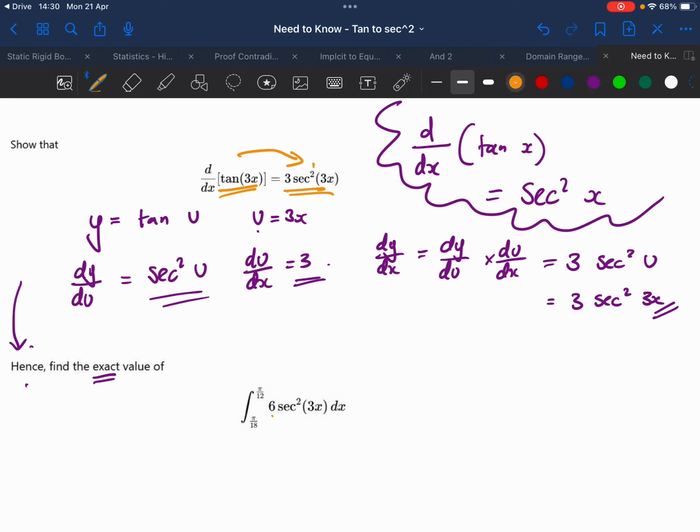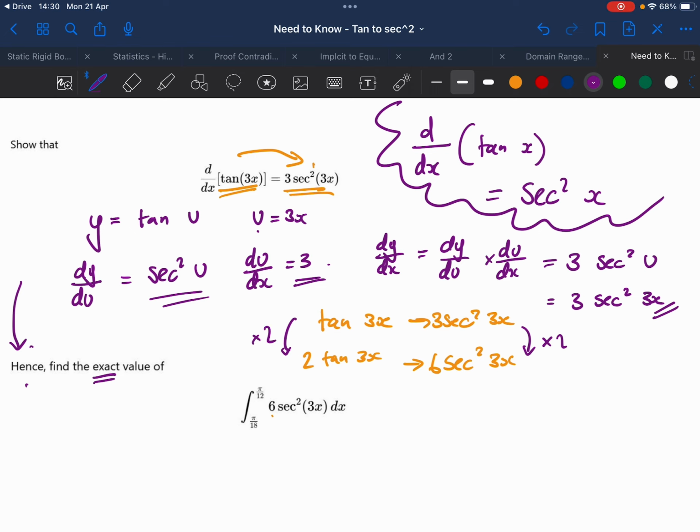First thing I'm going to say is, well, if tan of 3x became 3 sec squared 3x, how is 6 sec squared 3x related? Well, it must be double. So we can scale up results when a constant is involved, on both sides.